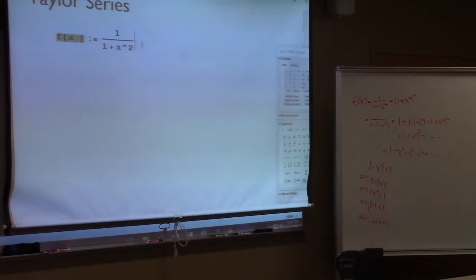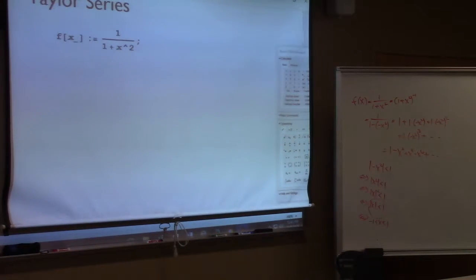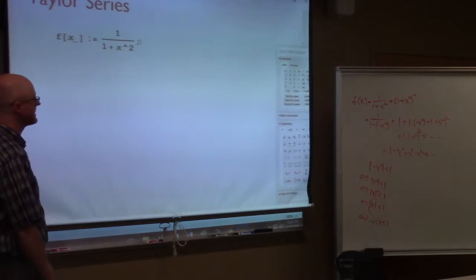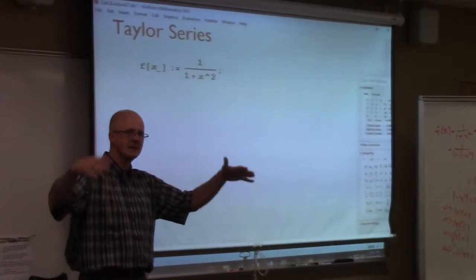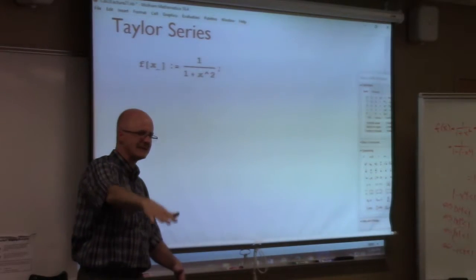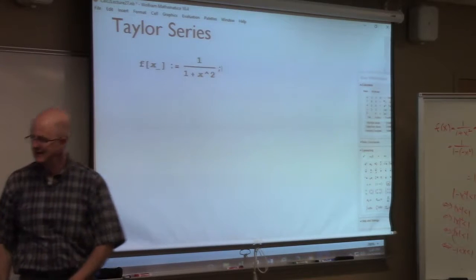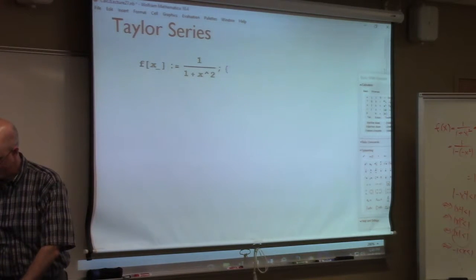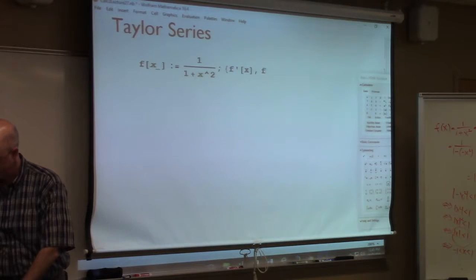We can see how nasty looking the derivatives get by having Mathematica calculate these derivatives. I'm going to put them in a list, inside curly braces separated by commas, so that my output is not too long in a vertical stack, but instead goes horizontally. Here's what I mean. Inside curly braces, I'm going to have Mathematica calculate these derivatives here.